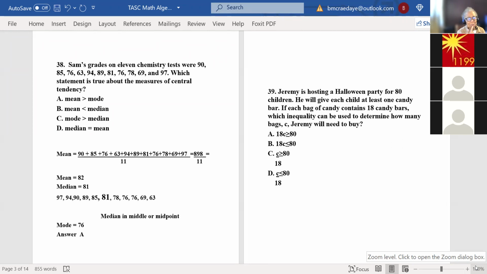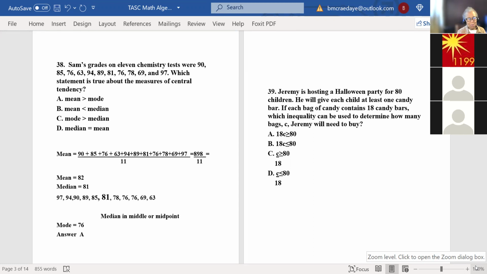What does it mean, Maureen? No less than. Does it mean greater than or equal, or less? Greater than or equal to. That's right. At least means greater than or equal.